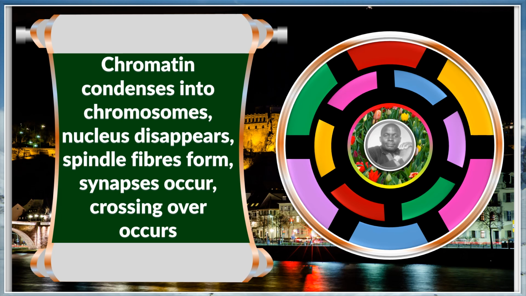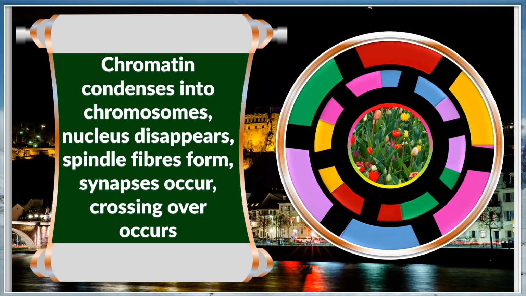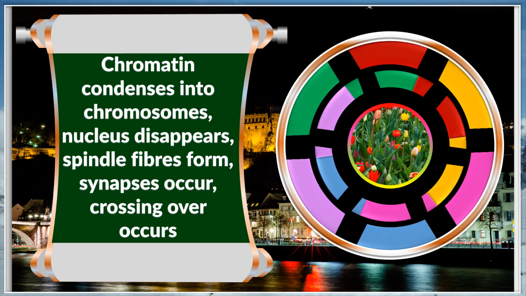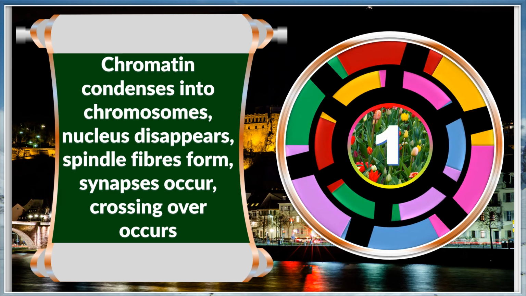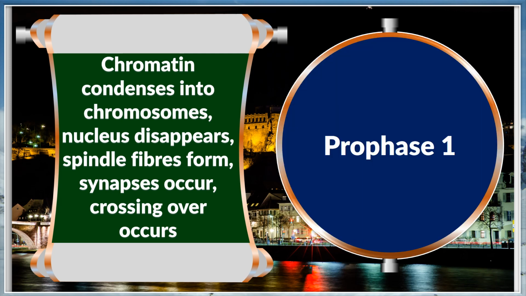Chromatin condenses into chromosomes, nucleus disappears, spindle fibers form, synapses occur, crossing over occurs: Prophase 1.